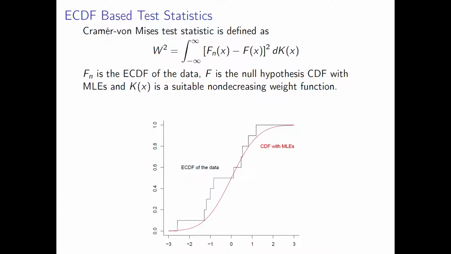If we look at the plot at the bottom, we can see the black line, which is the ECDF, and the red line, which is the theoretical distribution function. So what the integral does is it calculates the area between two curves and squares it. And this essentially gives us the test statistic value.